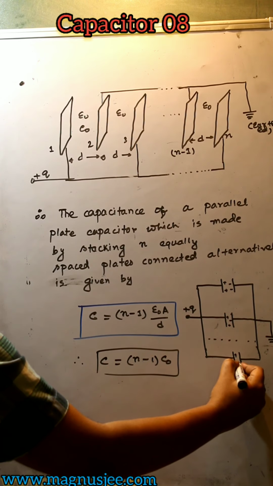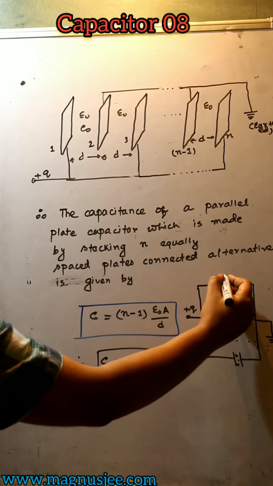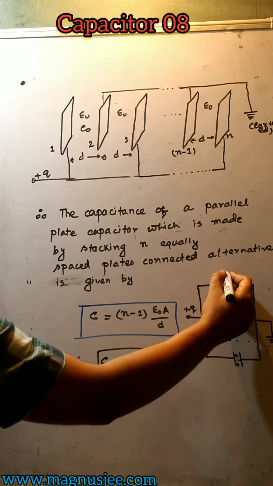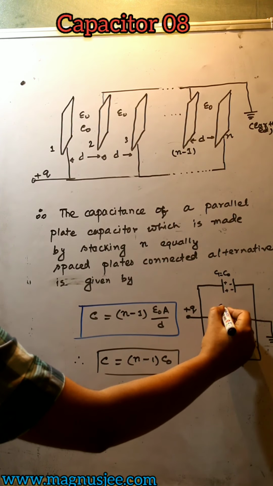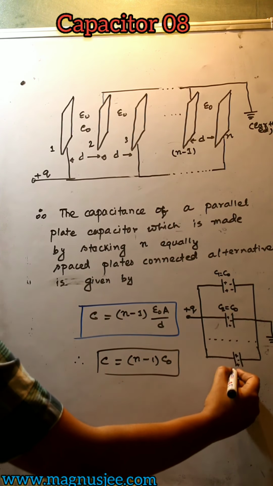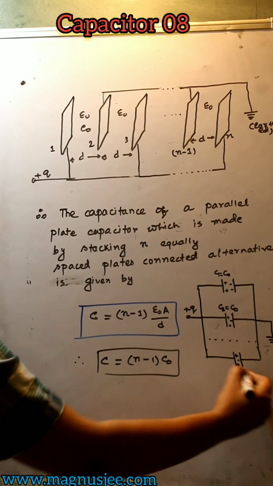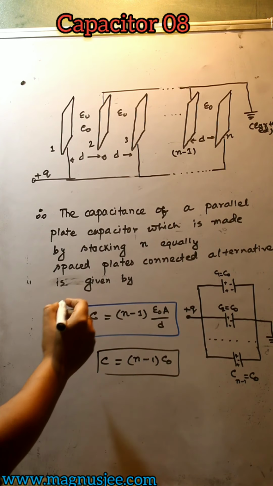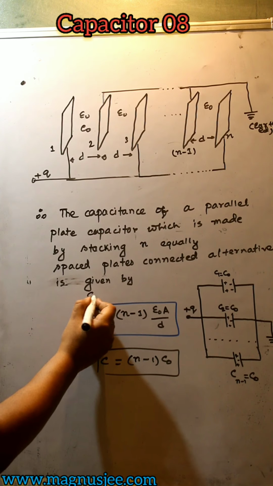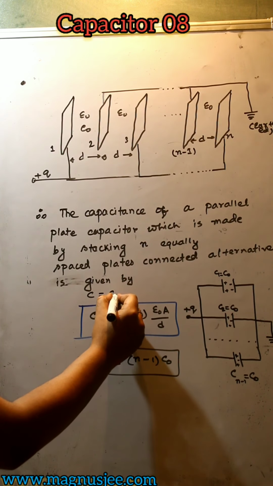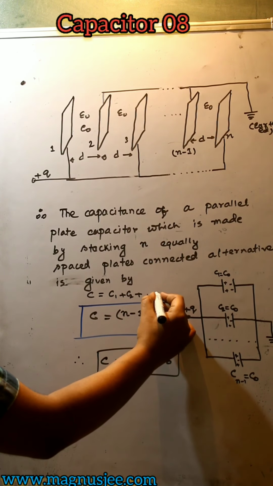The first plate will have positive charge and the second plate will have induced negative charge. This is the first capacitor of capacitance C1 as C0, the second capacitor is C2 equal to C0, and lastly the last capacitor will have capacitance Cn as C0, and they are connected in parallel combination, and the equivalent capacitance will be C equal to C1 plus C2 plus dot dot dot plus Cn.